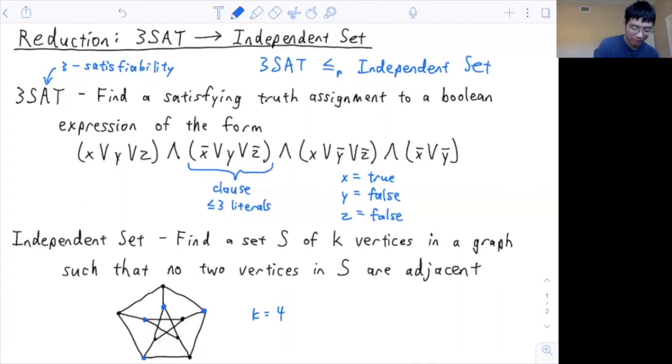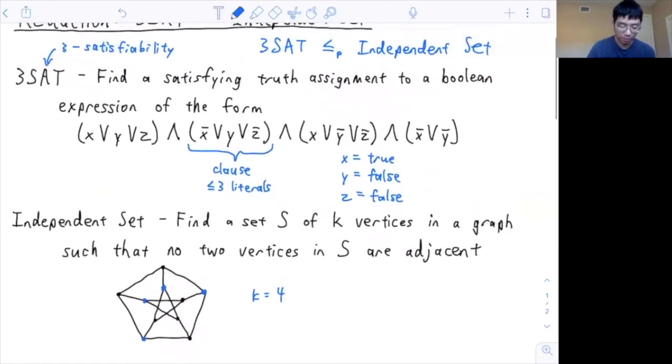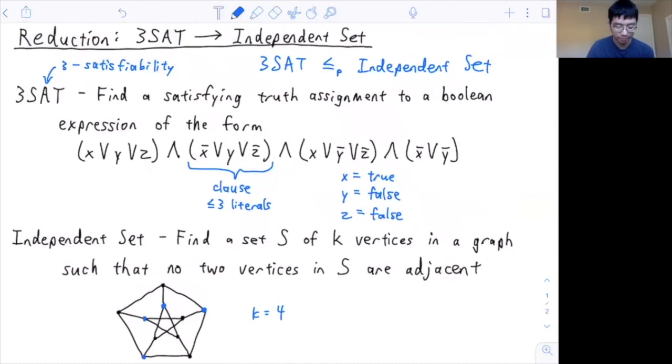So in essence, this is proving that independent set is also NP-complete. That's more of a topic we'll get to later, but first we're just going to show this reduction.